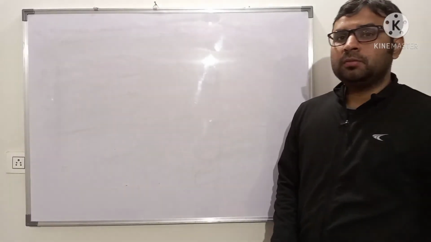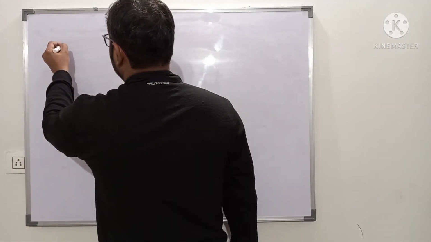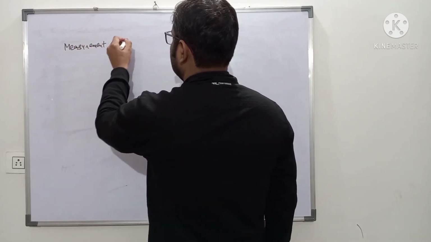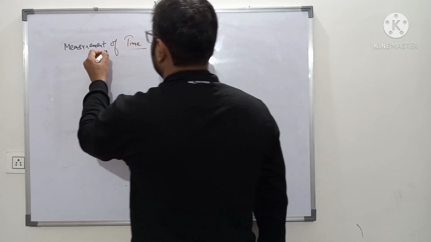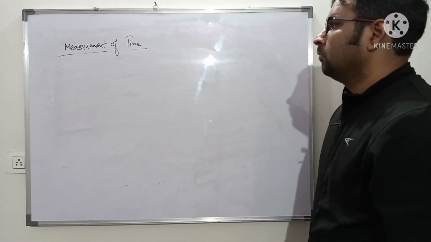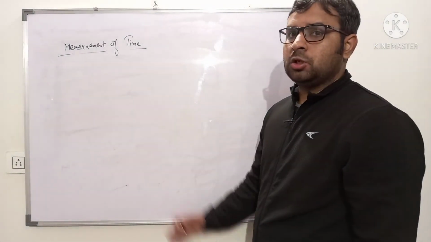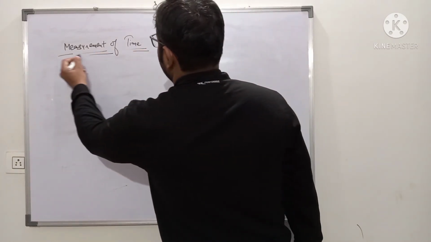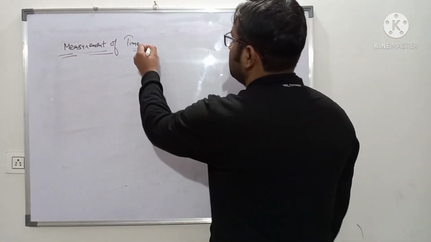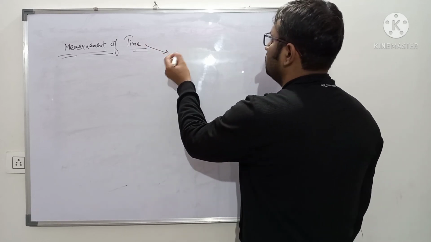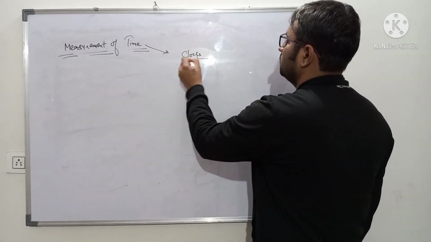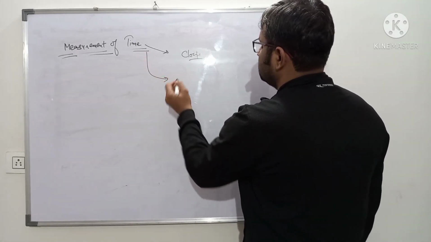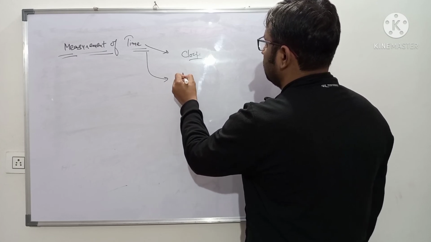Let us move on to the next topic, measurement of time. We will not spend much time on these topics because they are very small topics, so let us review them quickly. Time is measured with the usage of clocks. The most precise and accurate clock is the atomic clock.